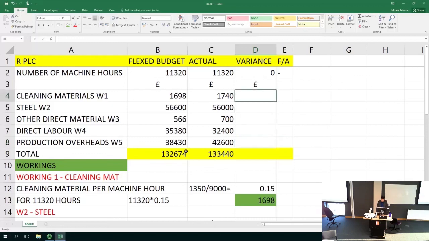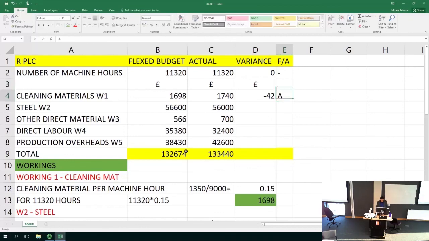So I'm going to subtract from what we were allowed to and what you've actually done. Budgeted minus actual. Spent more, critical to understand, spent more money than you were allowed to. Adverse. Spent more money than you were allowed to.